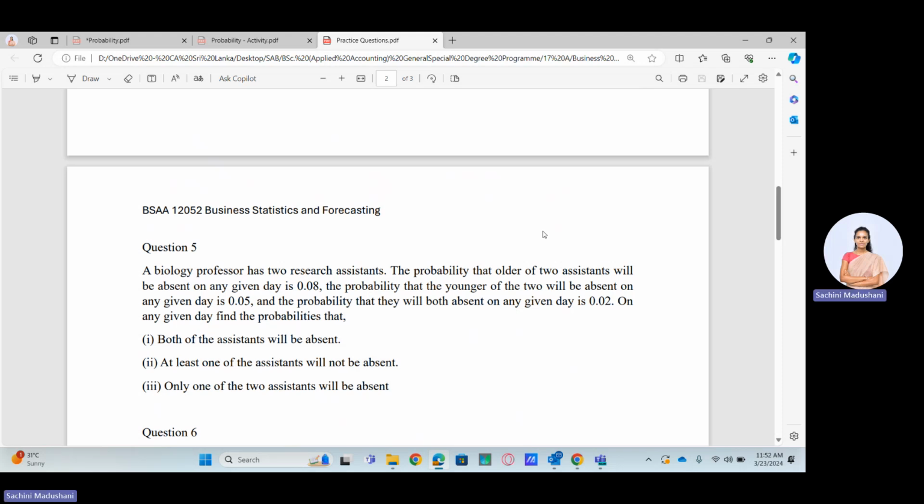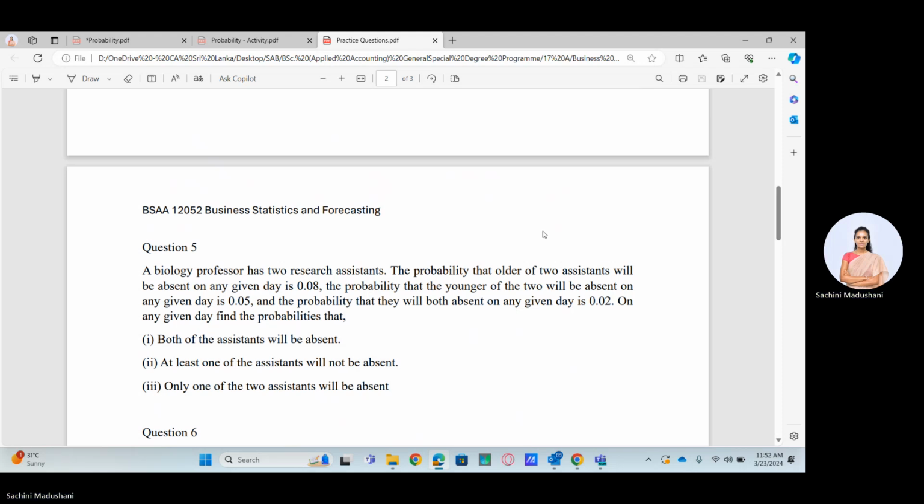Then part 3. Only one of the two assistants will be absent. It means A only and B only. This part is A only: only A will be absent. This part is only B will be absent.